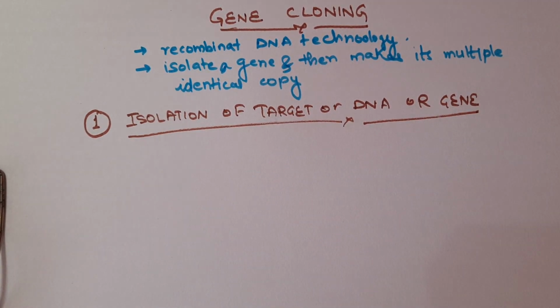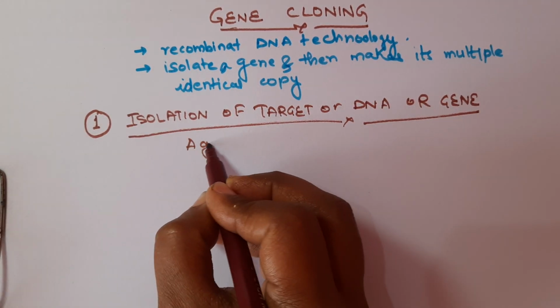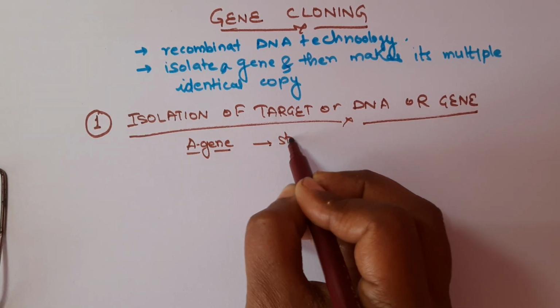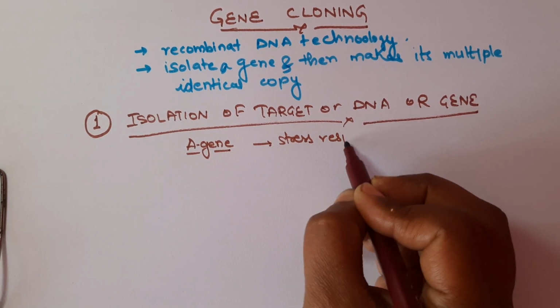First you have to identify which gene you want to isolate. Suppose for example there is a gene which is responsible for stress tolerance. That gene is called, suppose, A gene. This gene is responsible for stress response in plants.